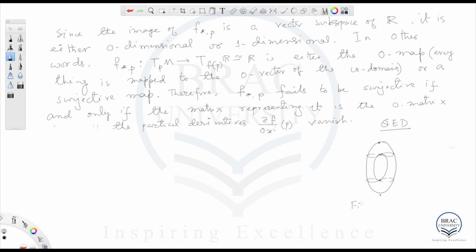So figure, this is the caption: critical points and critical values of the height function.